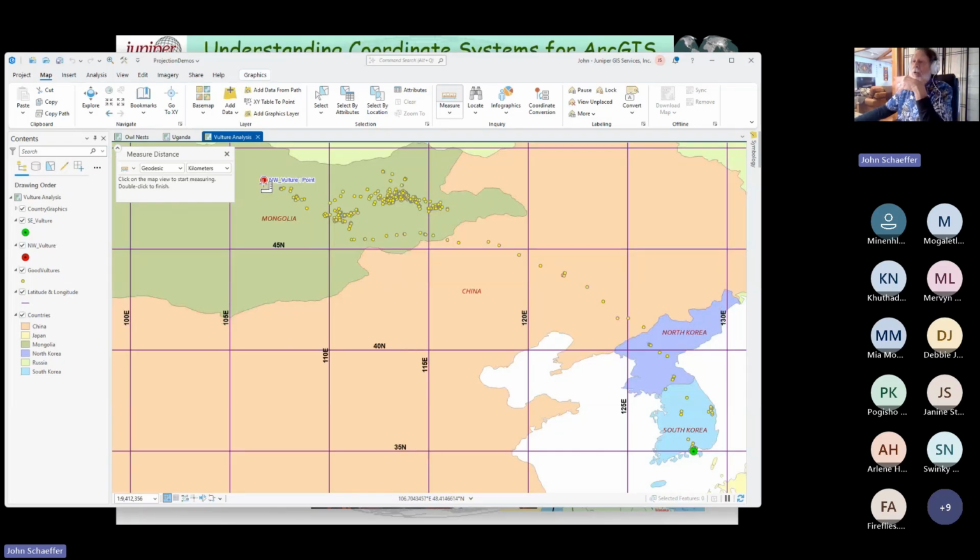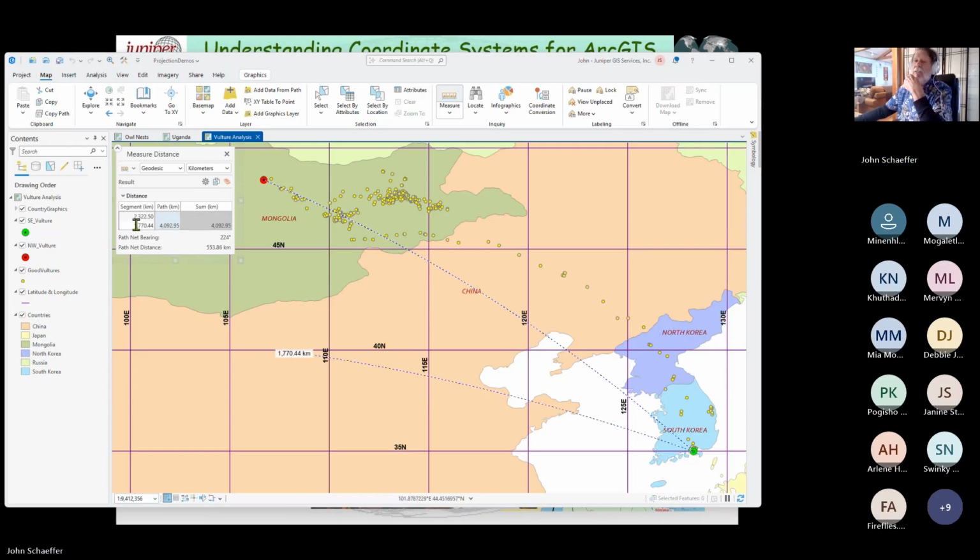Anyways, we'll go to the northwest vulture point, and then we'll come down and we'll make sure we're snapping to the southeast vulture point. So I already made the snaps set, and we got 2,322 kilometers. And also notice that the line between these is kind of curved, like it's going across the earth.